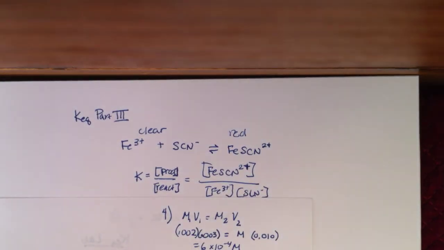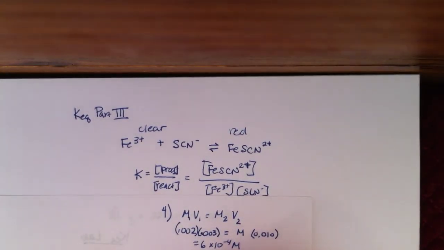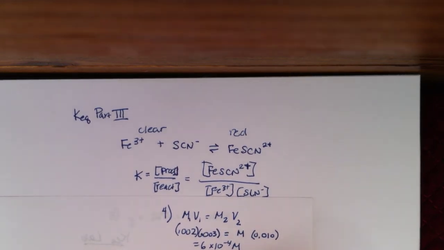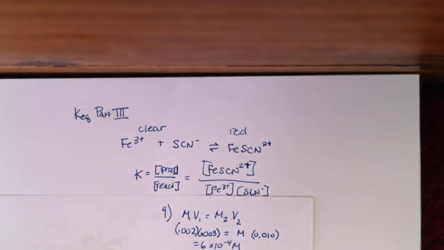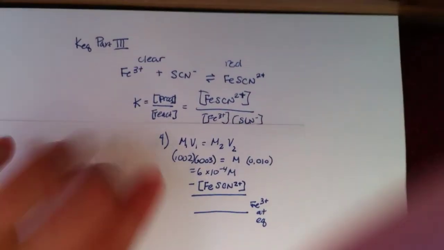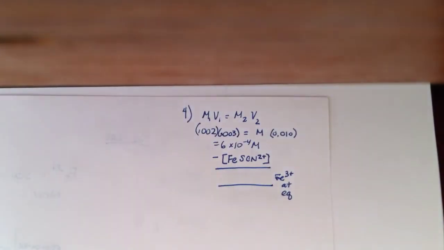So the last part of your calculation is that you need to subtract out whatever iron went to make the iron thiocyanate. And that's going to tell you the concentration of the iron at equilibrium.